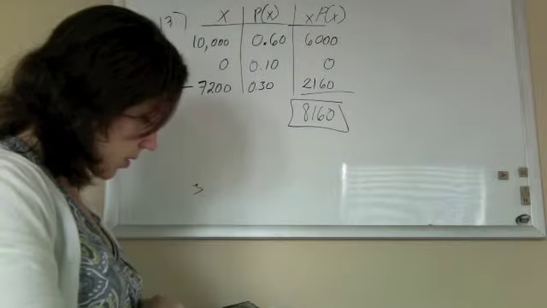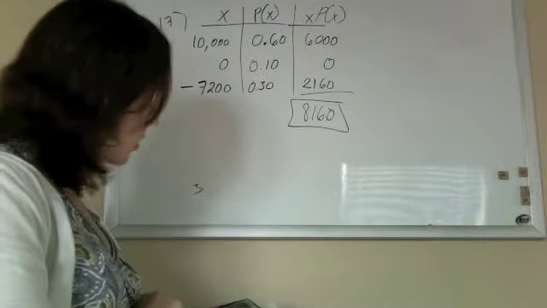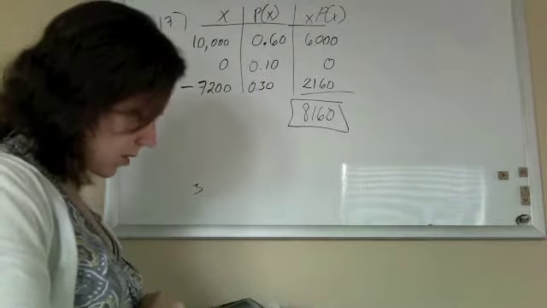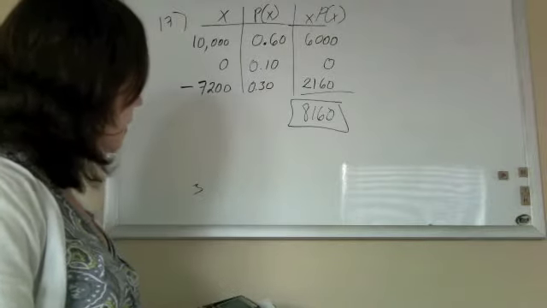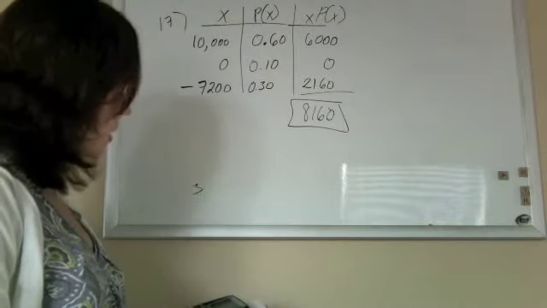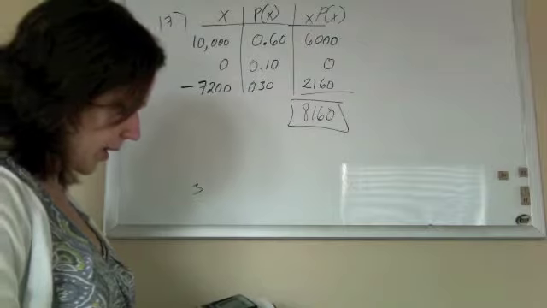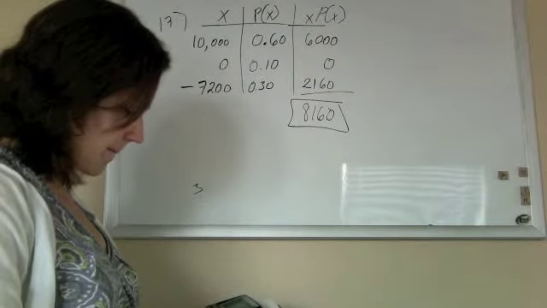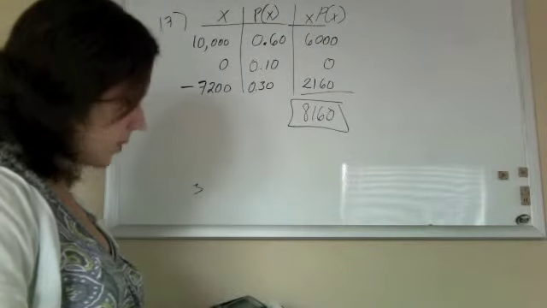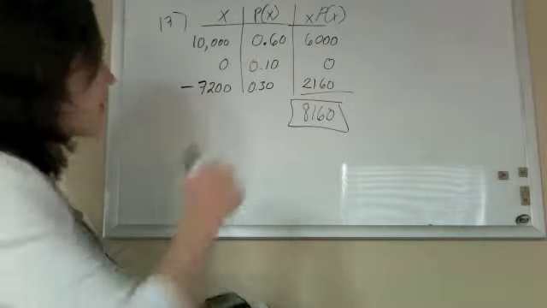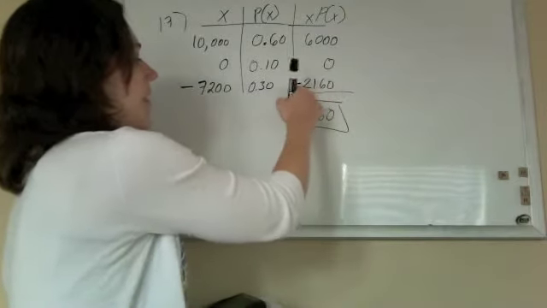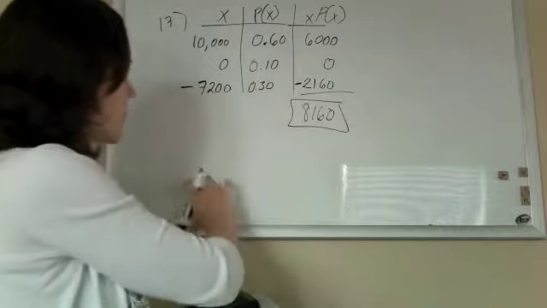0.6 times 10,000. 60% chance of making 10,000. 10% chance of breaking even. 30% chance of losing. Oh, I forgot the negative. Ha! Forgot the negative right there.